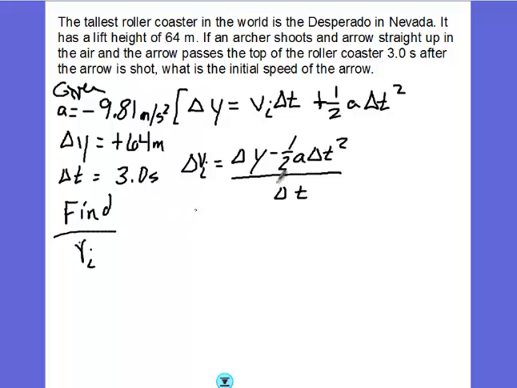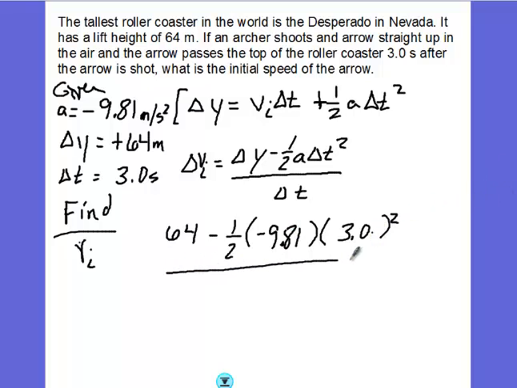And then I plug my values into this equation, so I've got 64 meters, subtracting 1/2 of the acceleration, multiplied by 3 seconds squared, and I'm dividing all of this by 3 seconds as well.